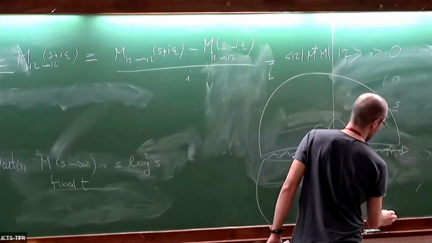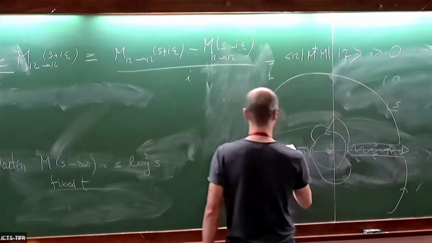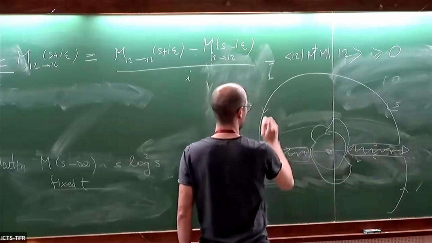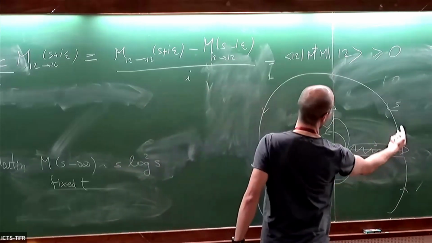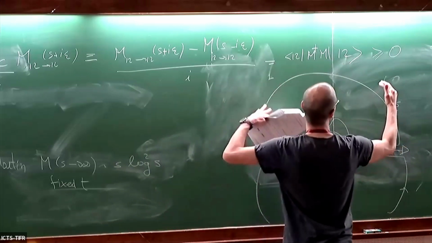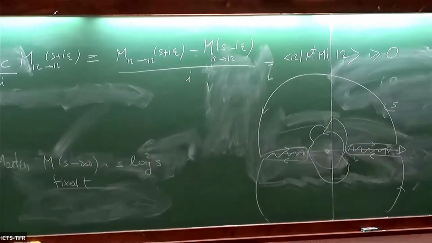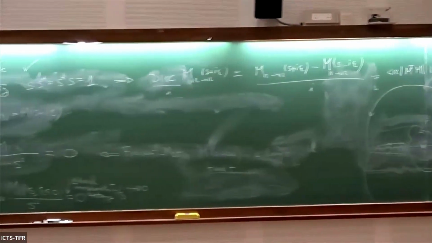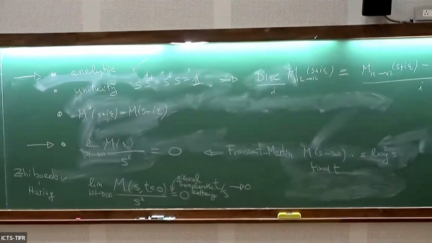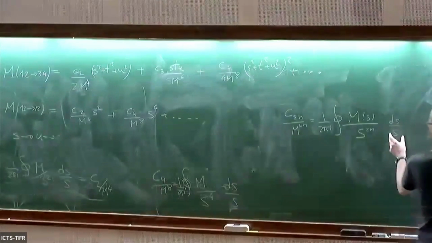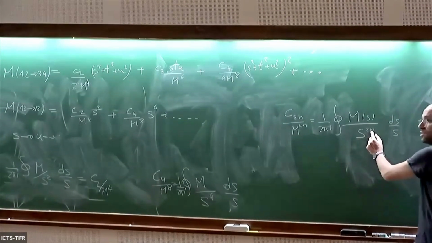Why does it help you? Well, because this branch here, getting bigger, bigger, bigger, is going to be killed by this condition. Because I'm dividing the amplitude by a lot, this one doesn't grow with distance. I'm dividing M(s) by s with a lot of powers.